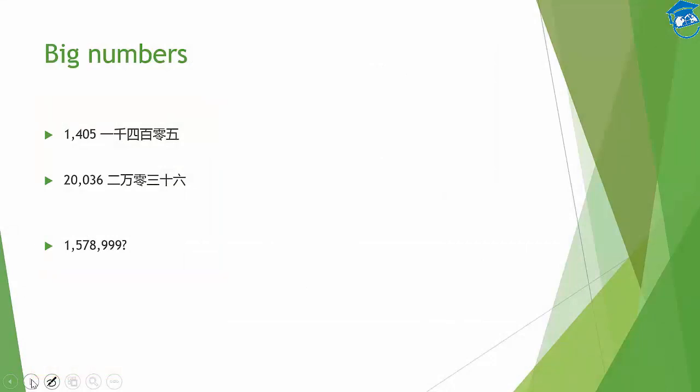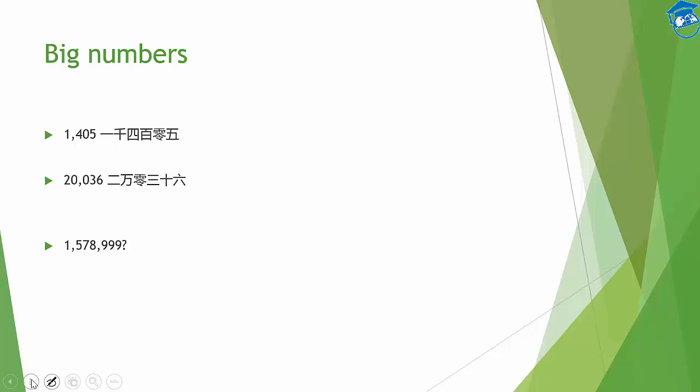The next one, it's time for a little bit of exercise. You have learned the numbers from 0 to 10, and also 100, thousands, and 10,000 in Chinese. Now it's time for you to see if you can make out big numbers, like how you make up from 11 to 99.